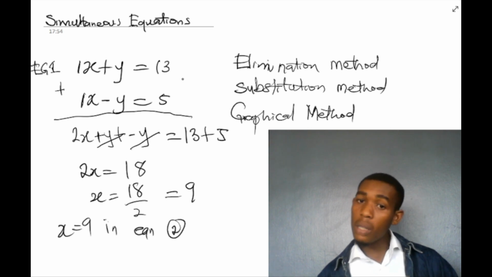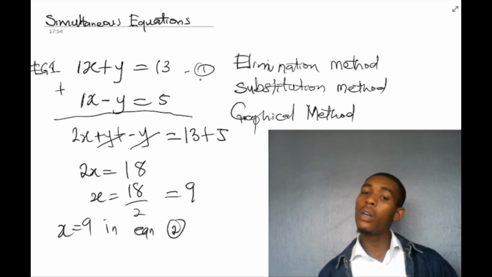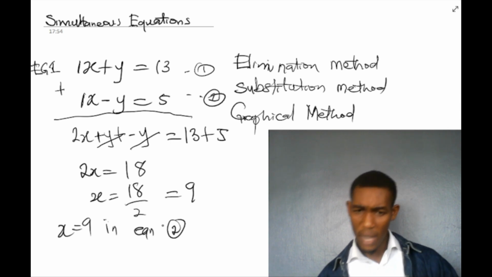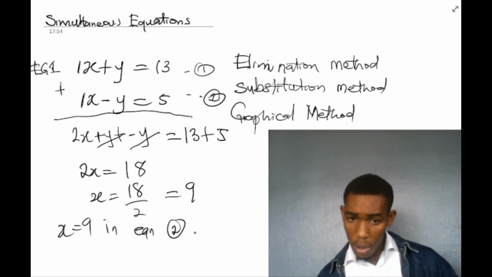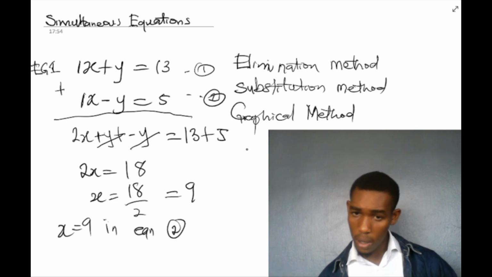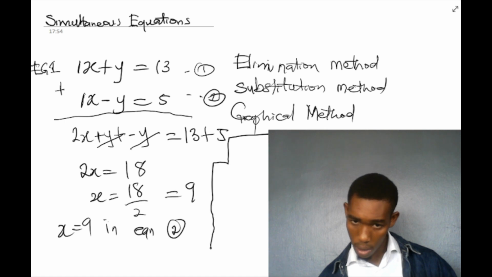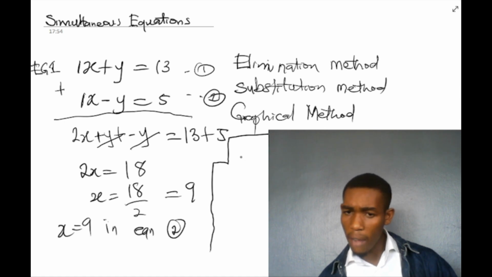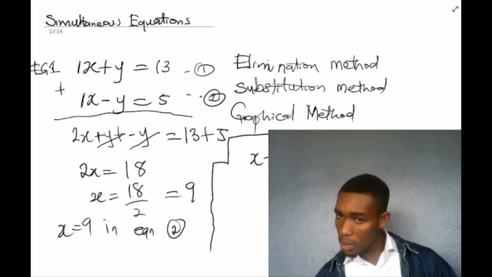By the way, this is my equation 1, and this is my equation 2. So when I substitute that, x minus y equal to 5 becomes 9 minus y equal to 5.